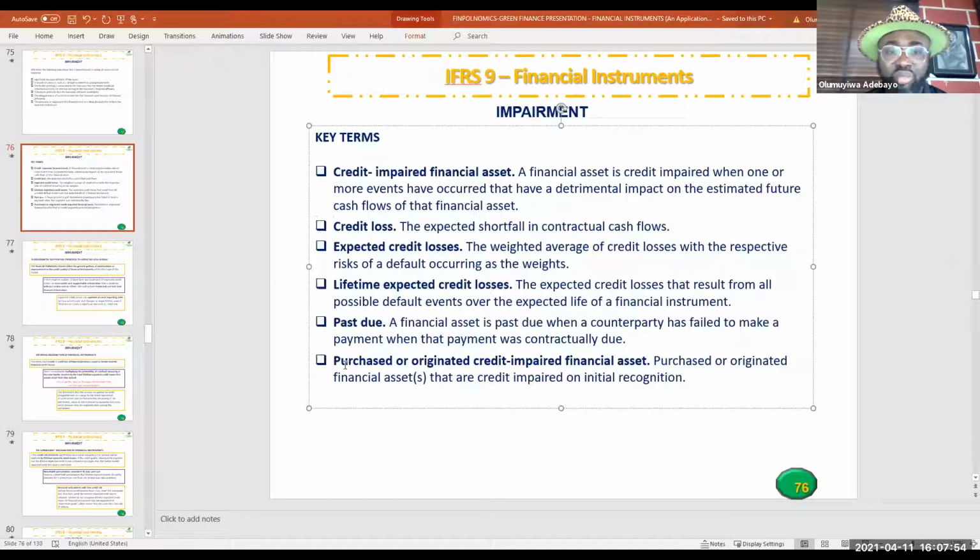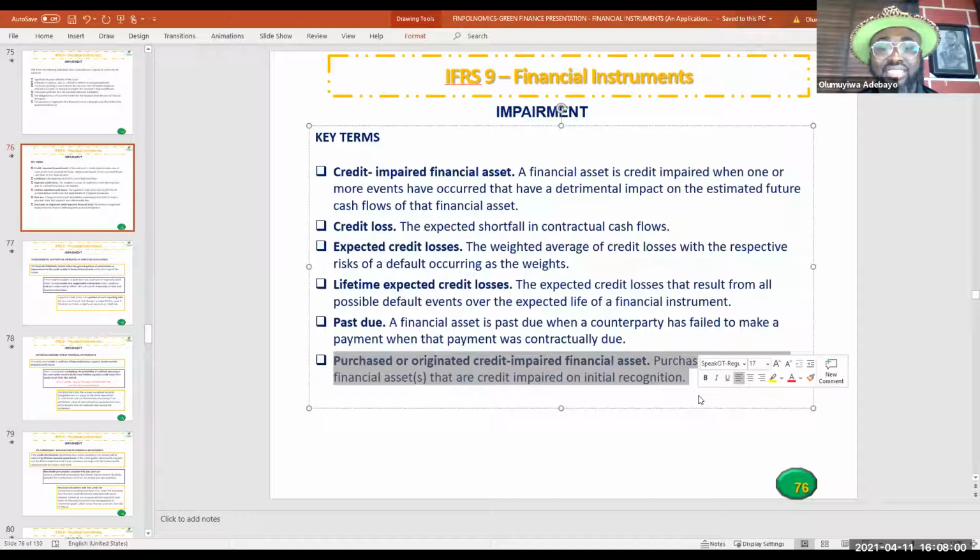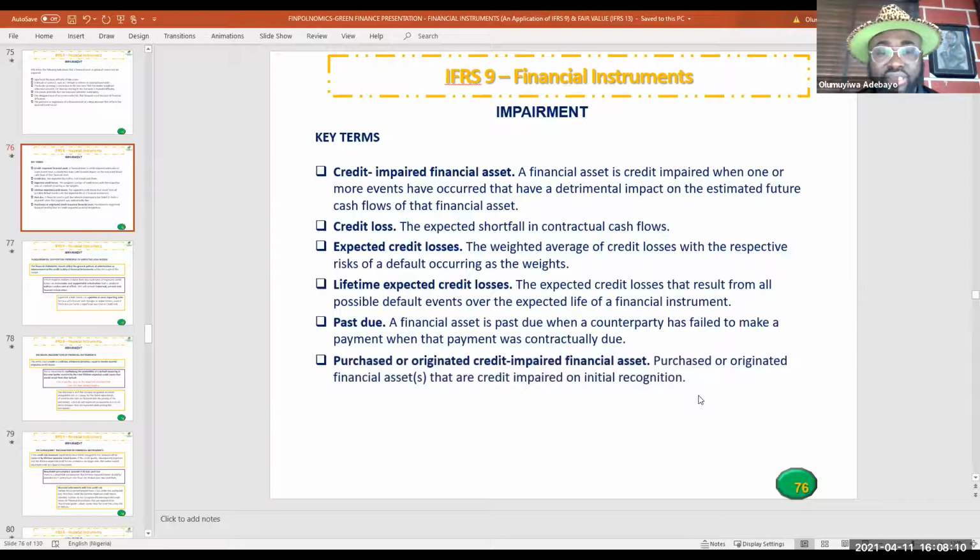Now, if you purchase such an asset at origination, it is considered a purchased or originated credit impaired financial asset, which I earlier called a credit impaired financial asset at origination. And such assets are purchased or originated financial assets that are credit impaired on initial recognition.